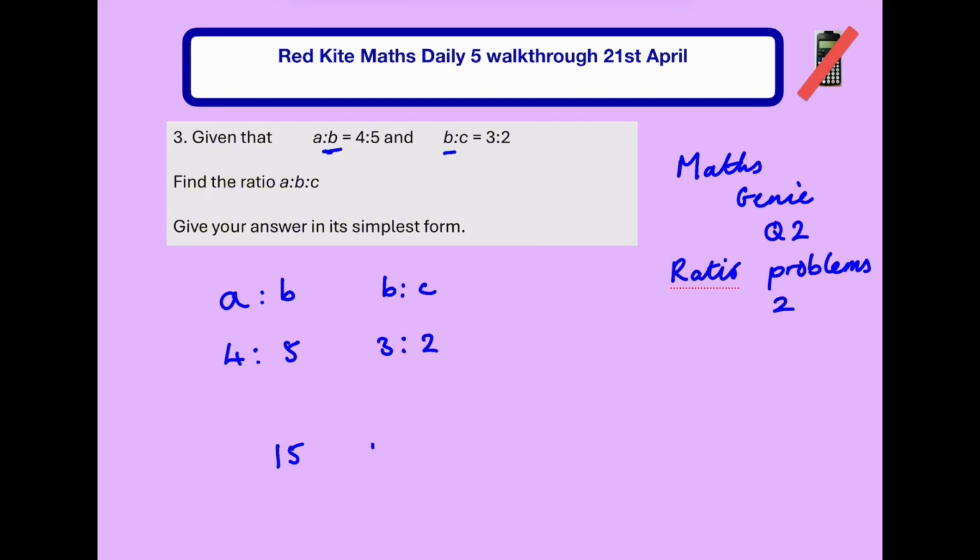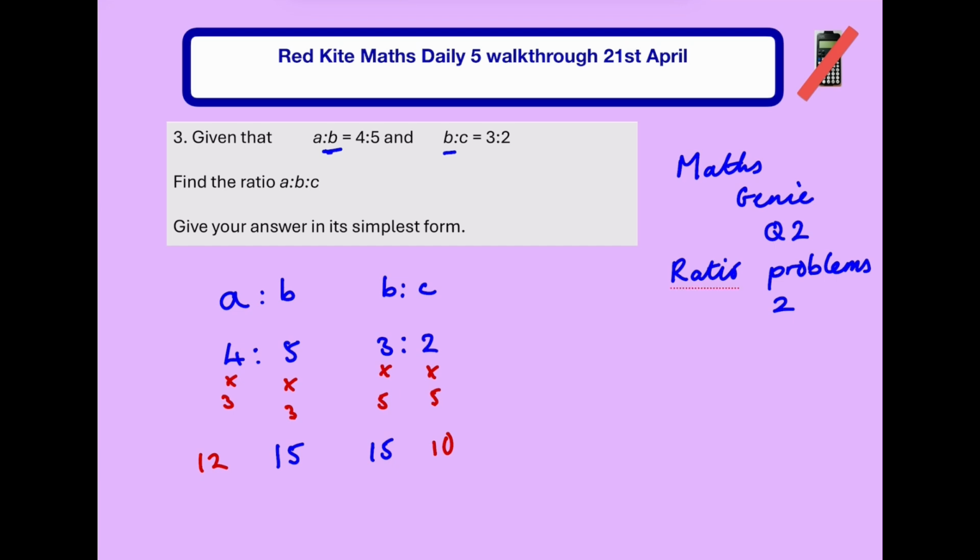So my B's are now worth 15. So I think, okay, I times 5 by 3 to get to 15. So I times my 4 by 3 and I get to 12. Then I think, okay, 3 times what is 15? That was 5. So I times my 2 by 5 and I get to 10.